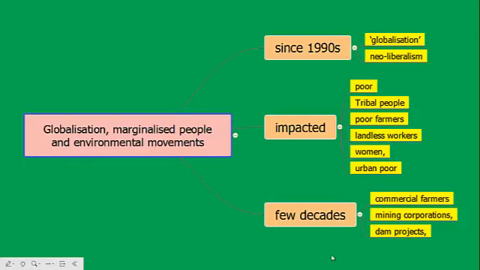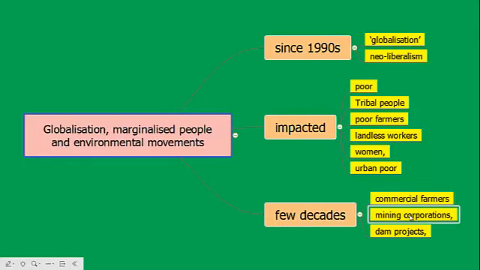If you observe, tribal and marginal farmers are also threatened by commercial farmers, mining corporations, and dam projects. Tribal people and marginal farmers will be affected here. Due to commercial farmers, people are diverted from food to cash production.